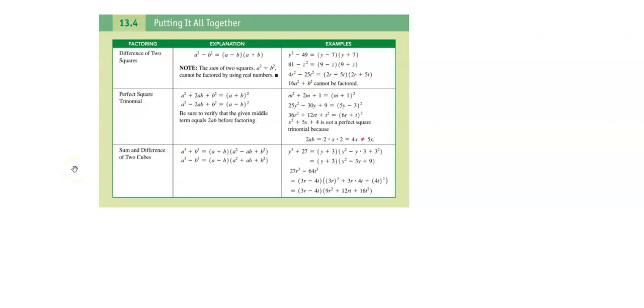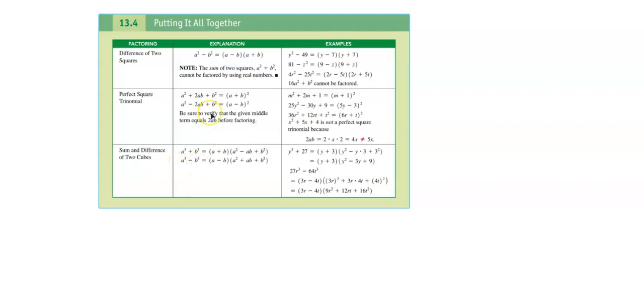For your MyLab questions within the assignment for 13.4 through 13.6, we discuss special factoring techniques. What's involved in the special factoring techniques are special types of binomials that are factored using the difference of two squares formula, or binomials that are factored using the sum and difference of two cubes formulas.